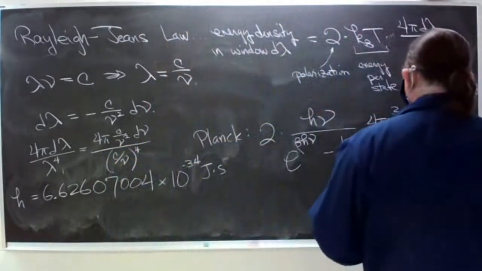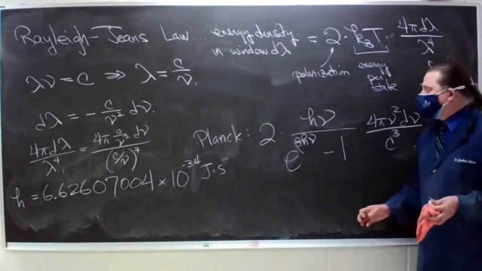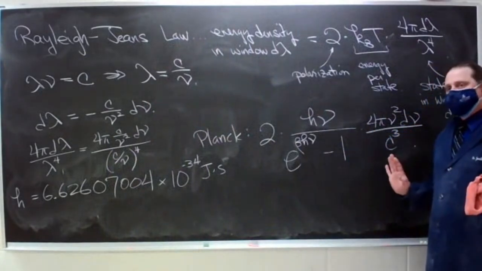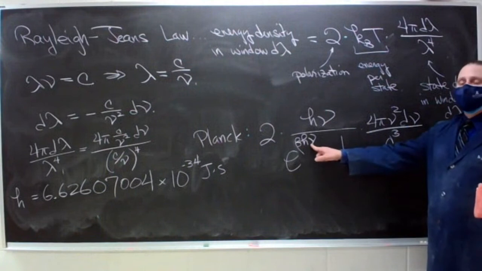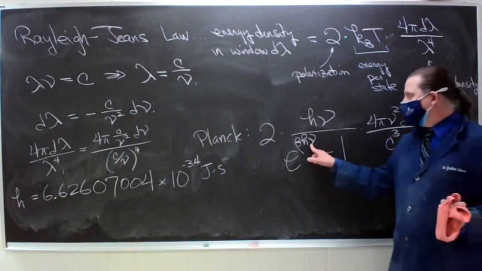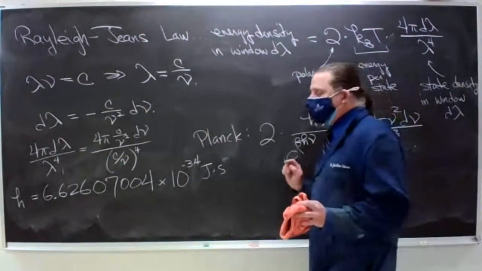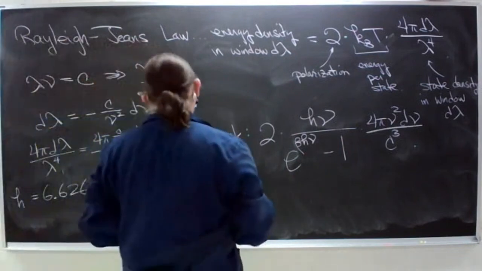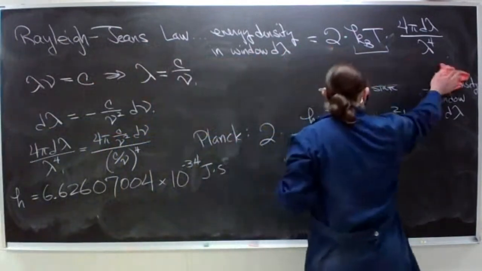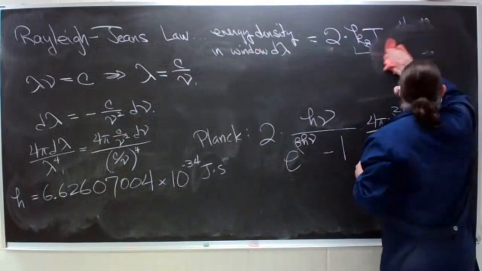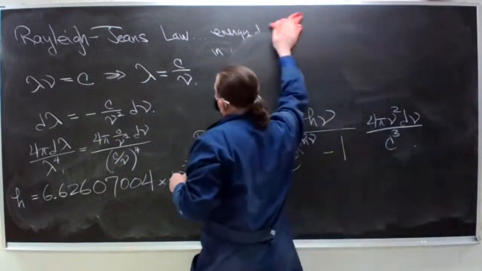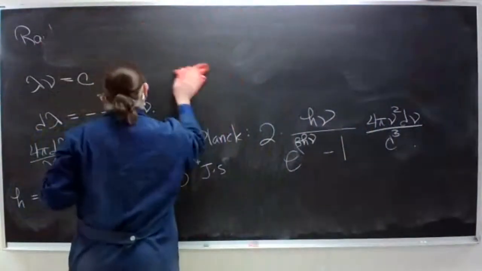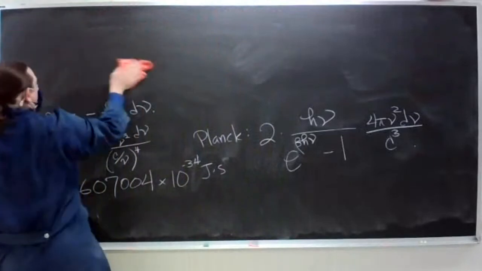So let's see what happens when the frequency is large. Well, if the frequency is large, then e to the beta h nu is really, really, really large. And so that indicates to us that maybe it's a good idea for us to divide the numerator and the denominator by e to the beta h nu.